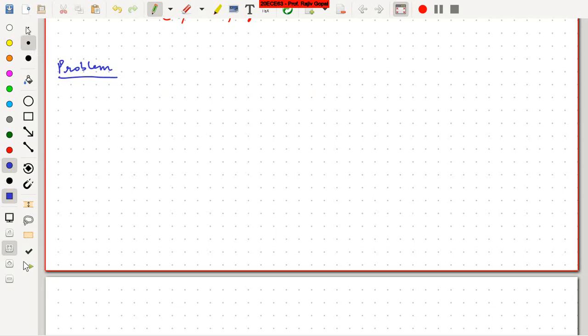So the values given are for a common gate amplifier. Find Rin, Rout, AV gain, and FH for the following.